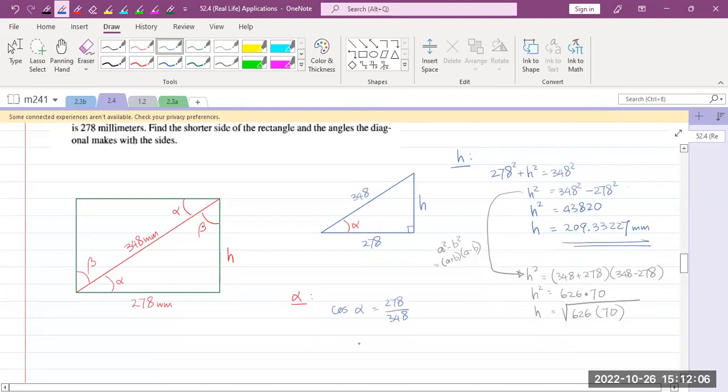If it is not an acute angle, then for now we cannot use inverse cosine yet. Okay, we only learn to use inverse sine, inverse cosine, inverse tangent for an acute angle. So make sure that you have an acute angle before you use this for now.